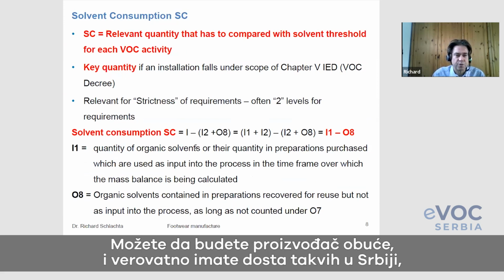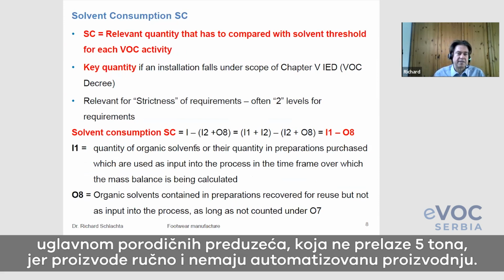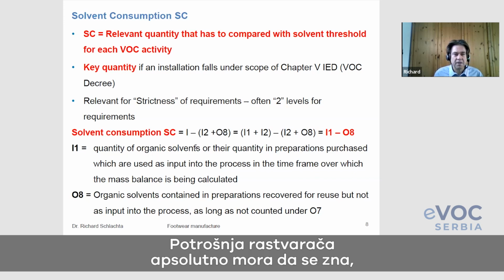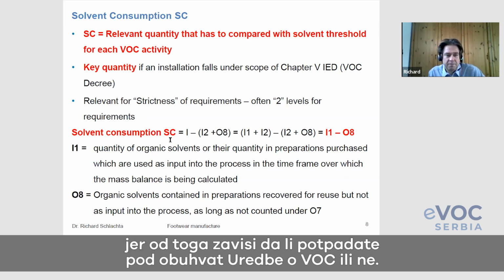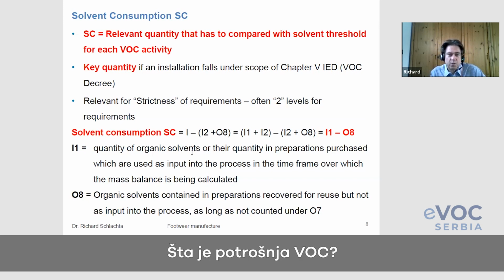You can have a footwear manufacturer, as you probably have a lot here in Serbia, but those are probably family operated companies who will not exceed the 5 tons, because they do this footwear manufacturing by hand and with fewer machines. So it is not an automated system. That solvent consumption is absolutely crucial to know, because it will decide if you fall under the VOC decree or not.